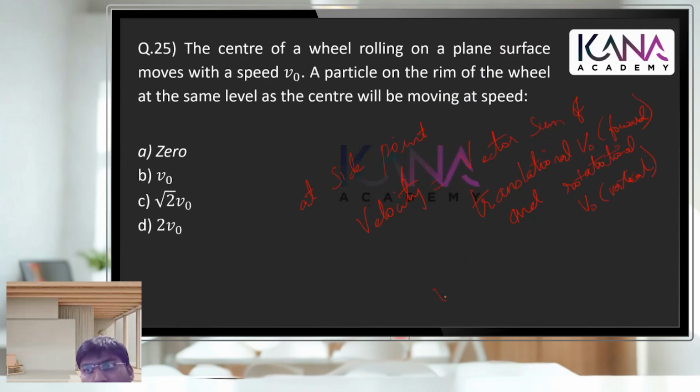So the magnitude is the square root of V0 squared plus V0 squared, so it will be root 2 times V0.